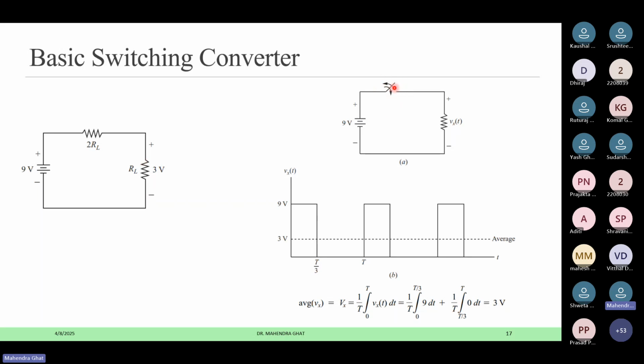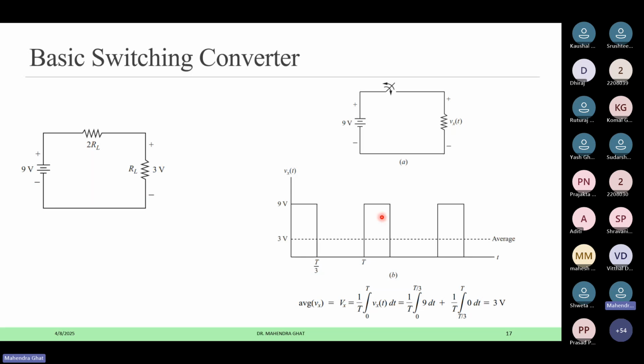This switch is either in the closed position or the open position. When it is closed, the complete input voltage is applied across the load, and when the switch is open, no voltage is applied across it. So the output voltage is sometimes 9 volt and sometimes 0 volt.